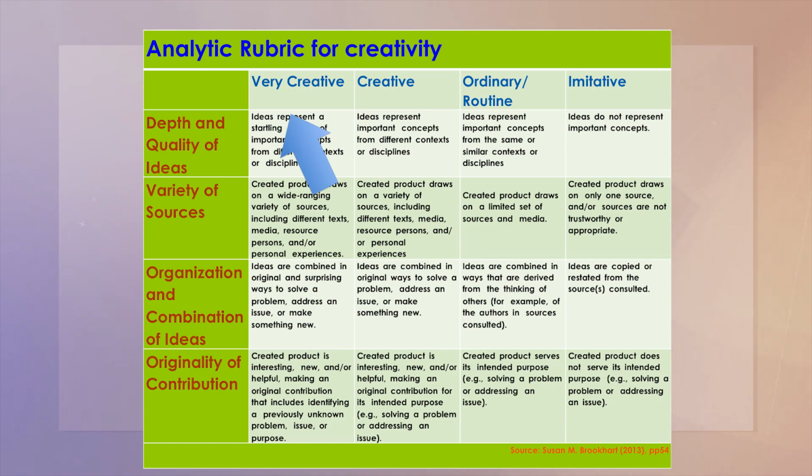The highest level of performance expected from the learner is termed very creative, and the lowest level of performance, which is completely undesirable, is termed imitative. The second scale level is termed creative, and the third one is termed ordinary or routine.